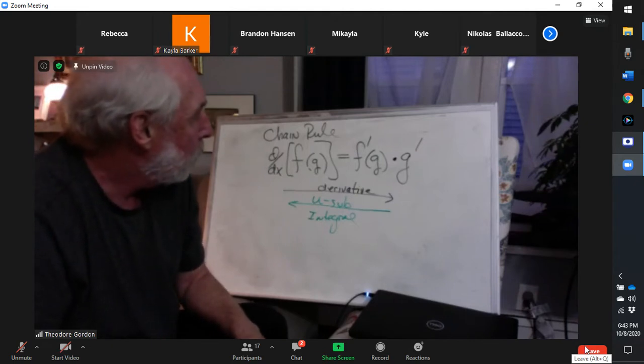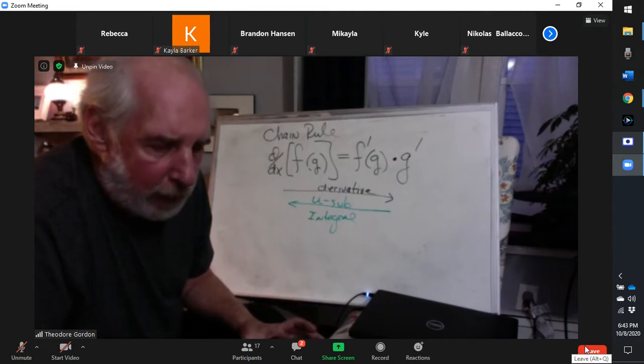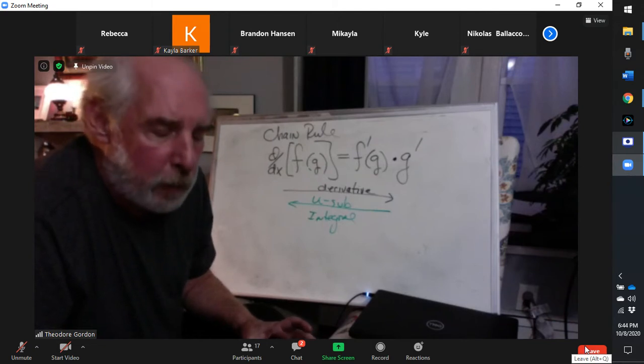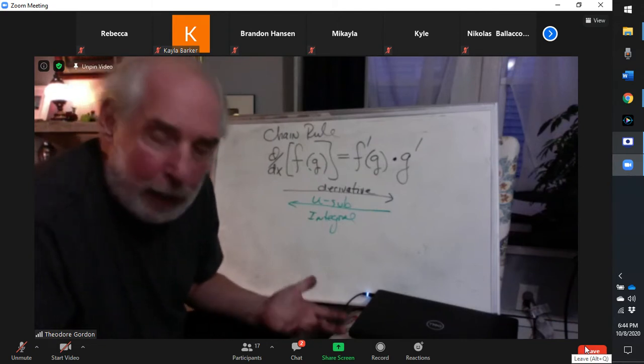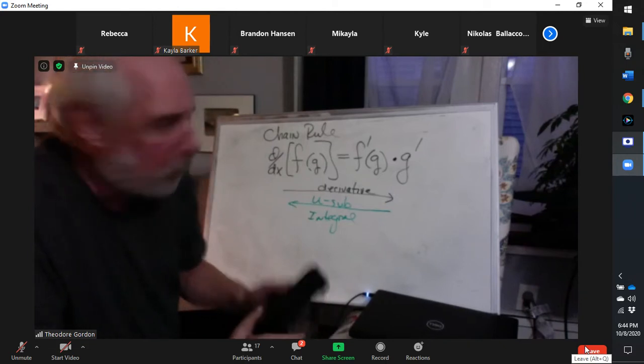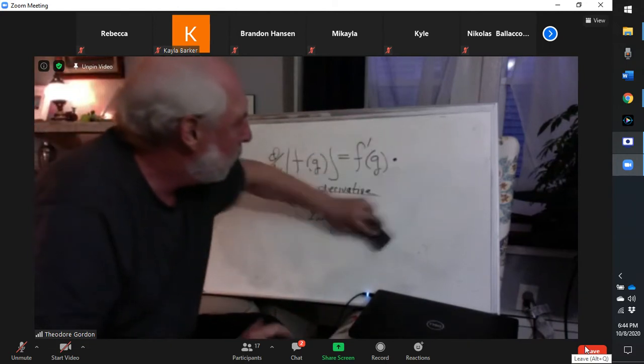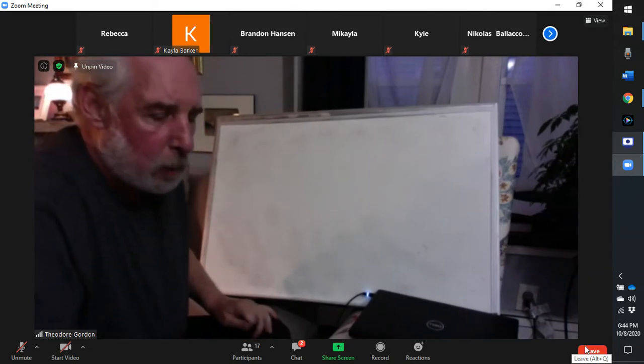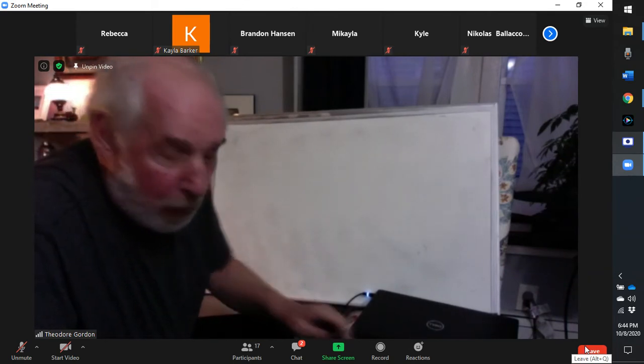So if the thing you're integrating came from the chain rule, you integrate by U sub to put it back. And that's one of the things we're going to do here tonight with this. We're going to learn how to go backwards from the product rule.